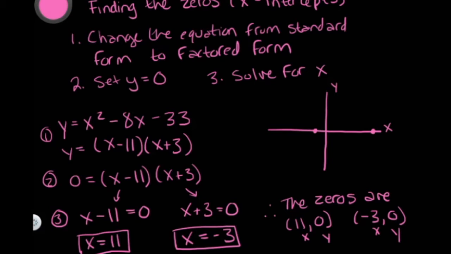Let's do another example. Our next equation that we'll look at is y equals 2x squared plus 6x minus 80. Now this one's a little bit different because the x squared has a coefficient that's greater than 1.